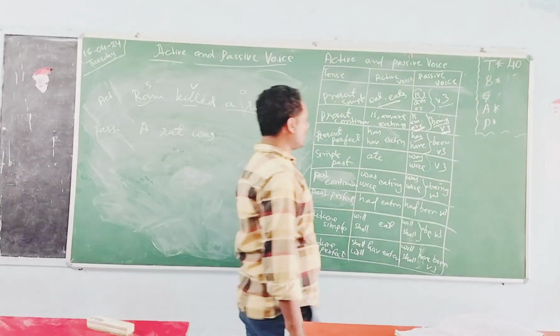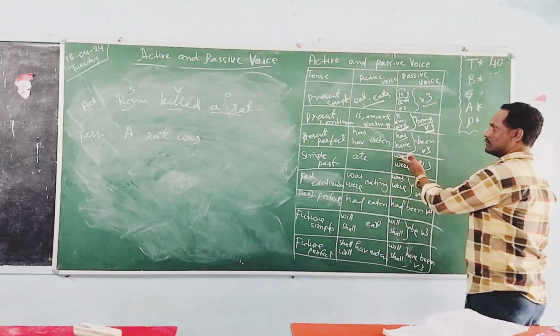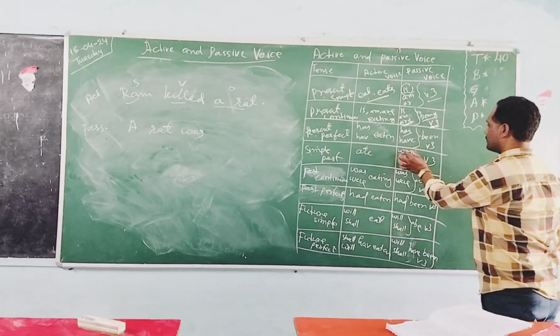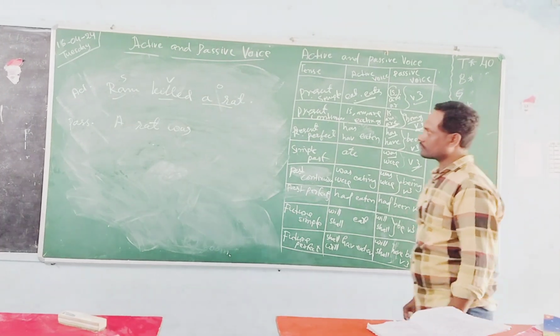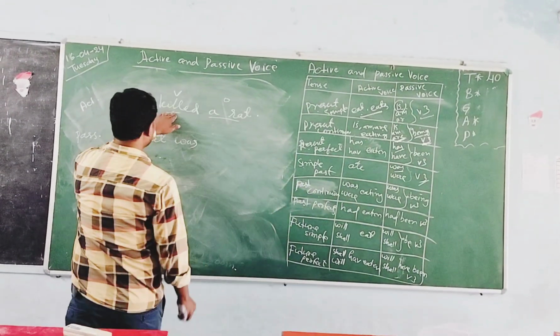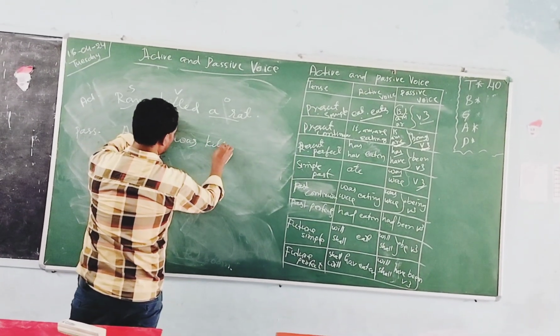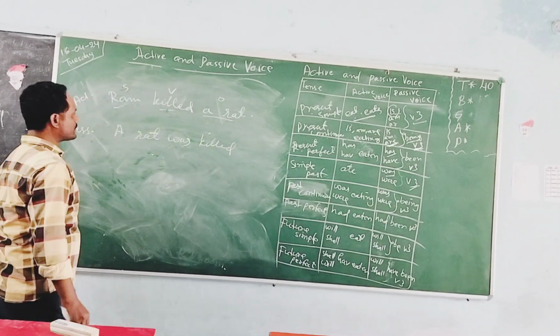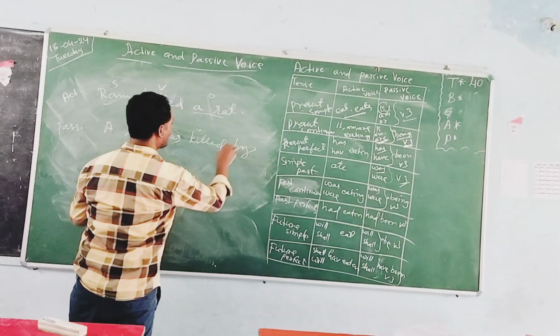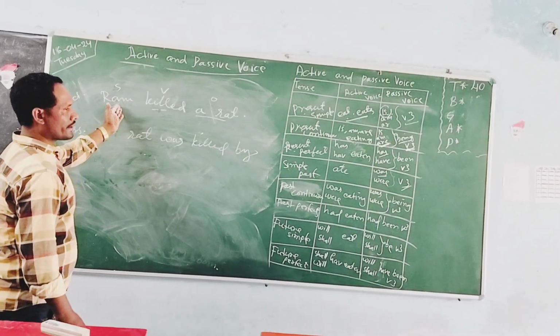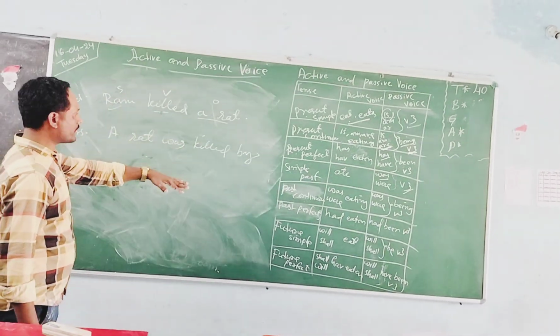After taking this singular helping verb, what is the verb 3 here? Killed. A rat was killed. Automatically, by will come. By Ram means what pronoun will come?